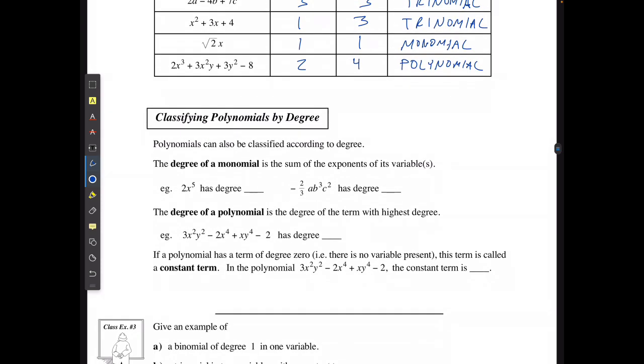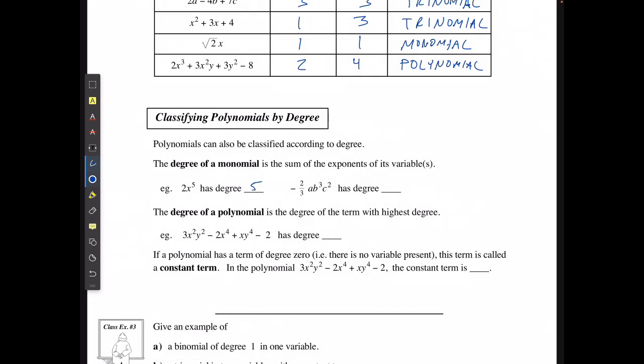If I'm classifying by degree, then we're talking about degrees. It's the sum of the exponents inside of the variables. So if I look at what exponent is attached to each variable, in this case there's only 1 variable, this would have a degree of 5.